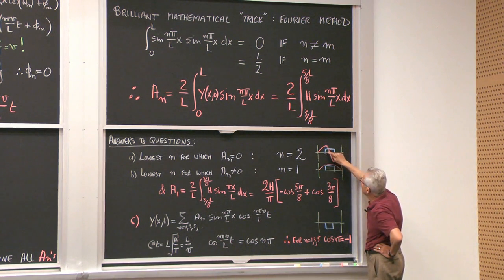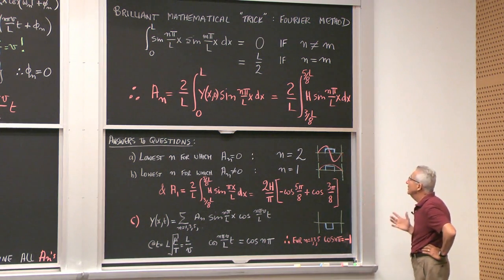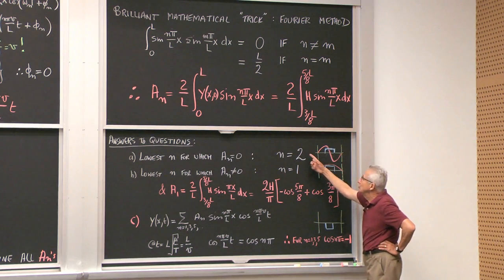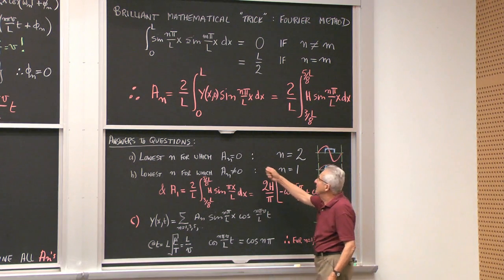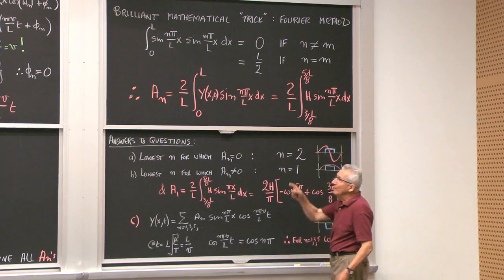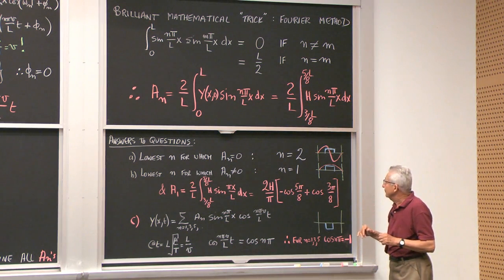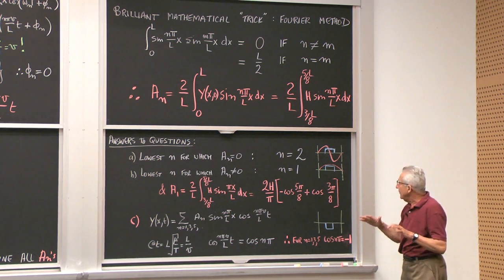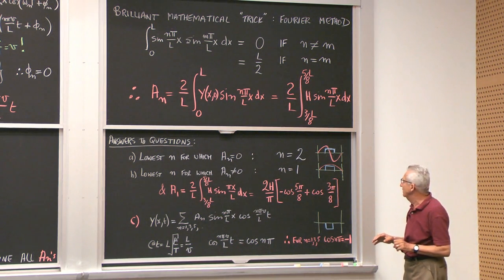If I multiply this positive by that, I get a positive number. If I multiply this by that, I get a negative number. The two are equal, and so the integral across there is 0. So n equals 2 is the lowest harmonic for which an is 0. When I let that string go, the second harmonic will not be excited.